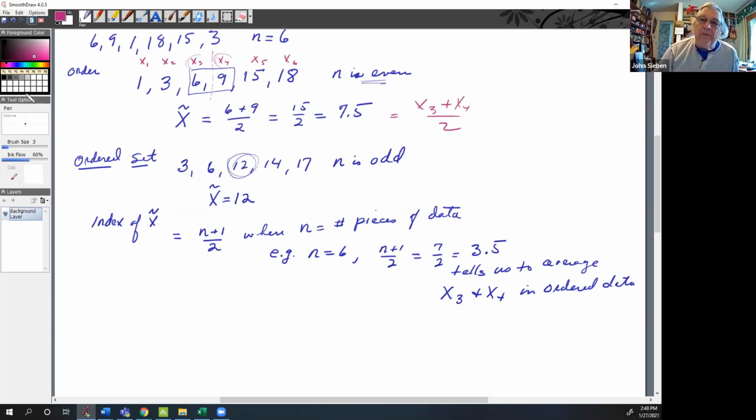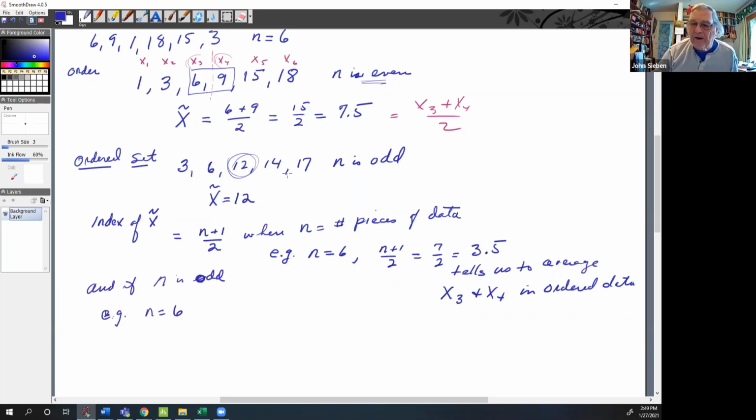Of course, in the second example, where n is even or is odd, so for example, in the case where we had n equal 6 pieces of data, that was this example right here, 1, 2, 3, 4, 5.